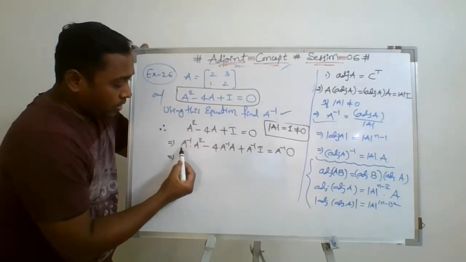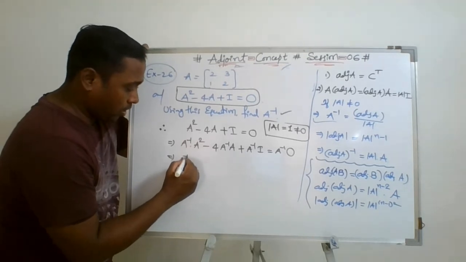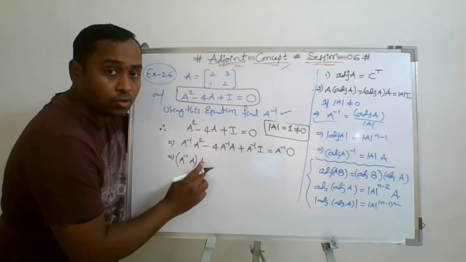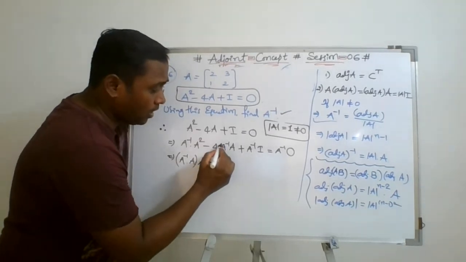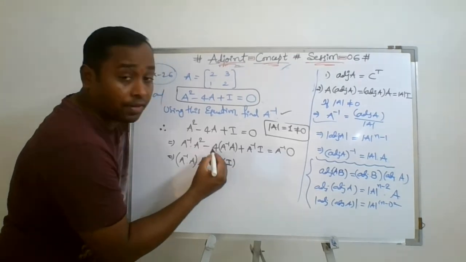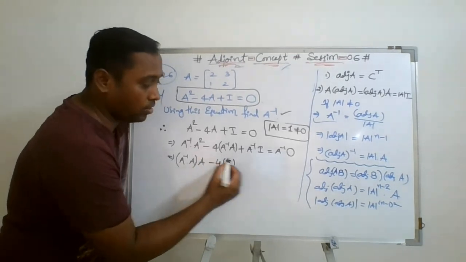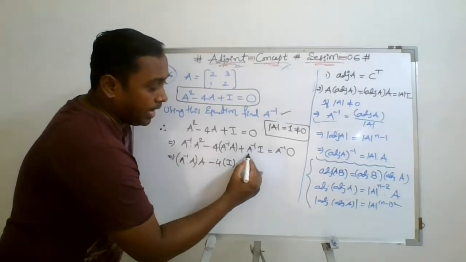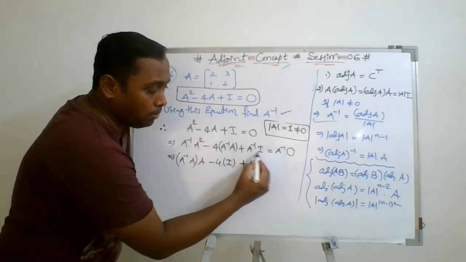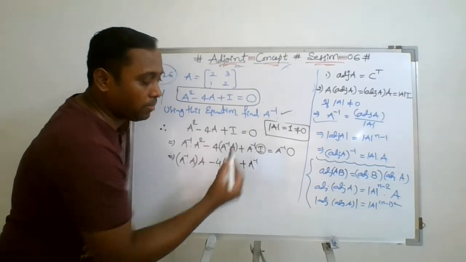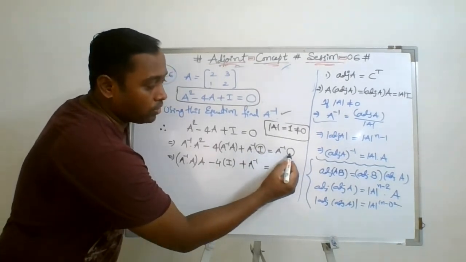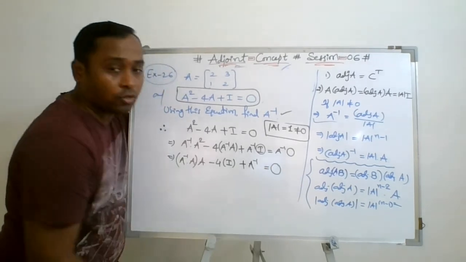See, this can be written as A inverse into A, since matrix multiplication is associative, and A inverse into A is I. Already we have discussed this in the session. A inverse into I will give A inverse only, because in multiplication the identity matrix effect is nullified. Hence A inverse into 0 matrix is always 0 matrix.